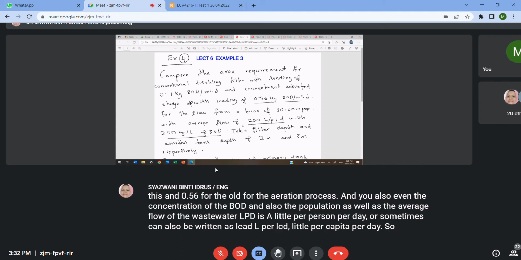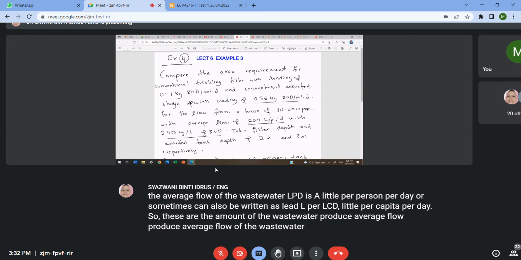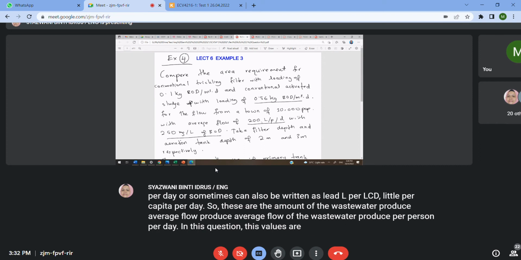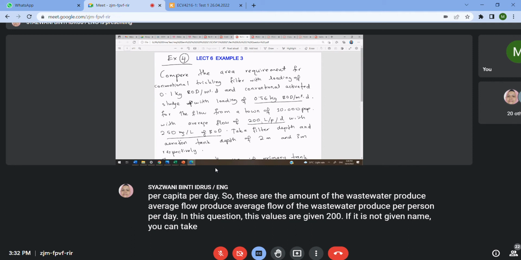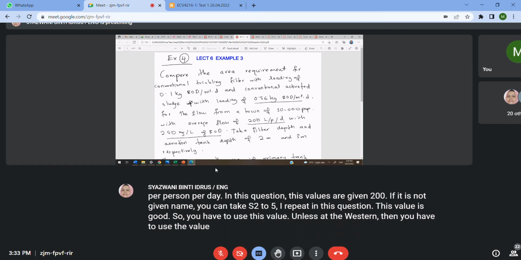This is the average flow of wastewater produced per person per day. In this question, this value is given as 200. If it is not given, then you can take 225. I repeat, in this question this value is given, so you have to use this value. Unless otherwise stated, then you use the value of 225.